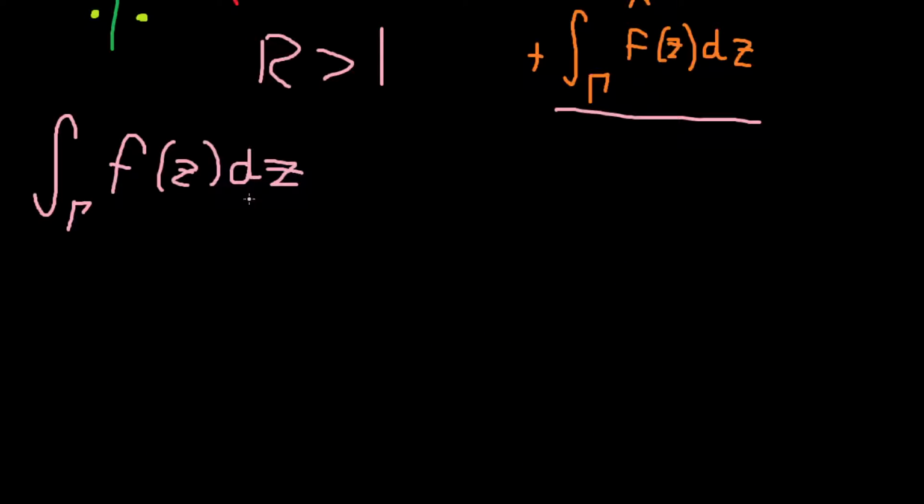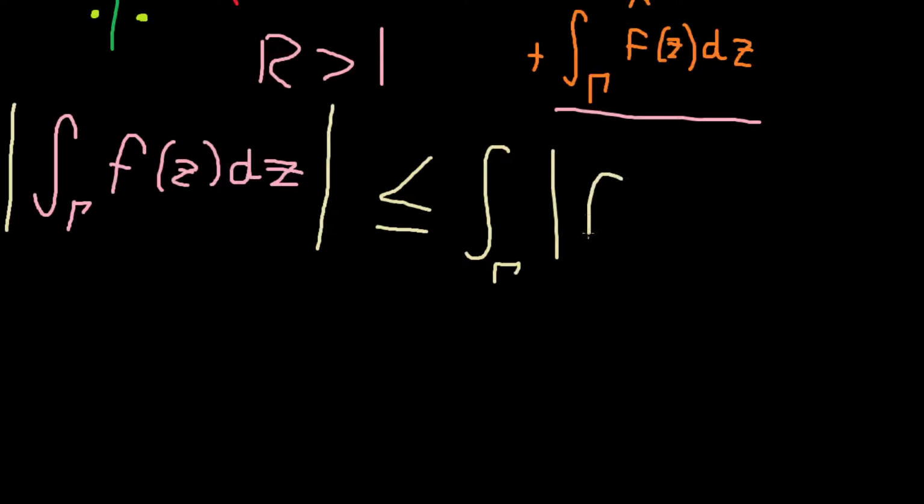I don't want to, because I think it's not going to be easy. So what I'm going to do instead is use estimation to work out what this integral is. Okay? So we'll take the absolute value. The absolute value of the integral is less than or equal to the integral of the absolute value.